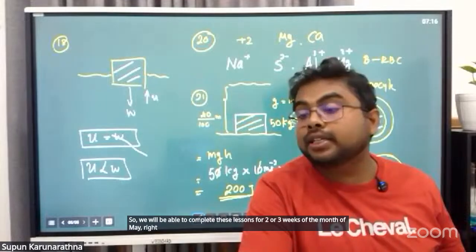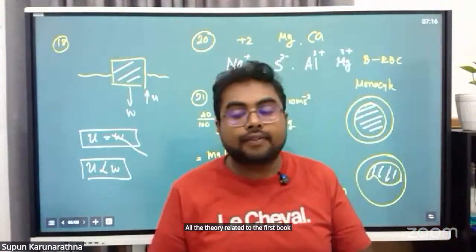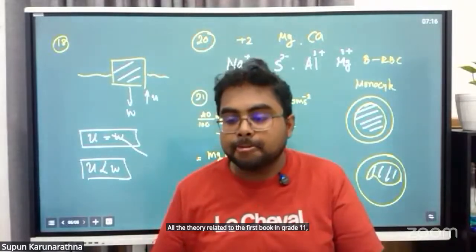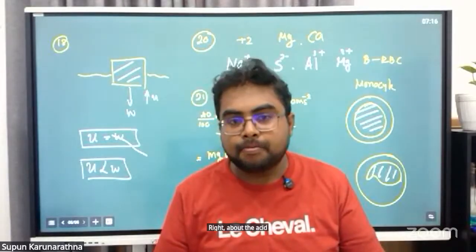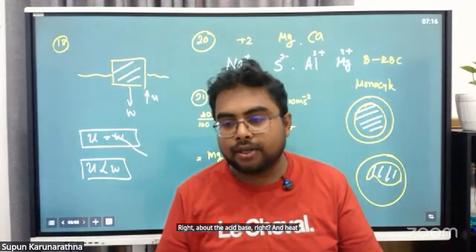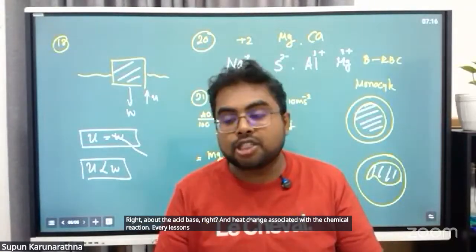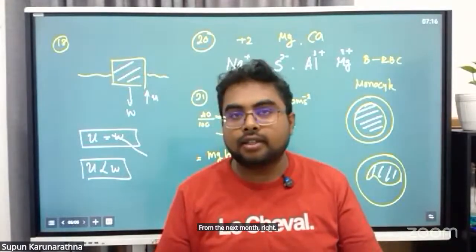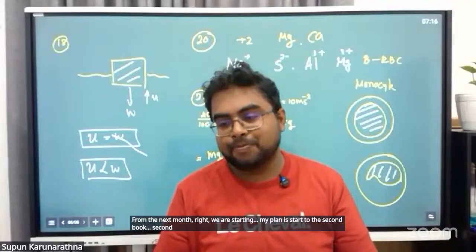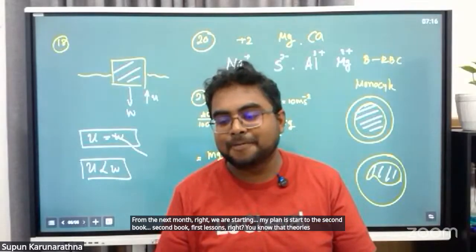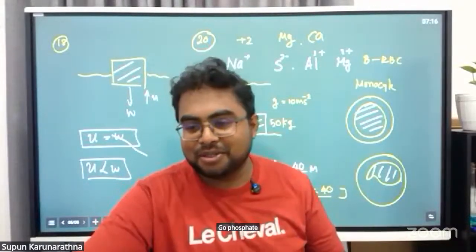My plan is to complete the first book, all the theory in grade 11, this month, including acid base and heat change associated with chemical reactions. From next month we start the second book's first lessons. Time goes fast.